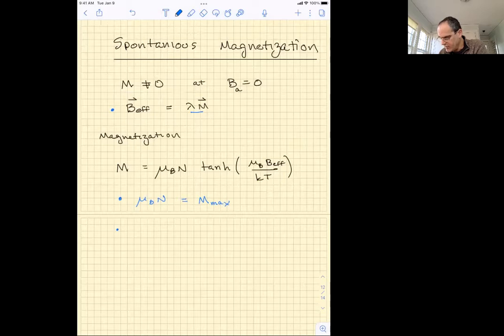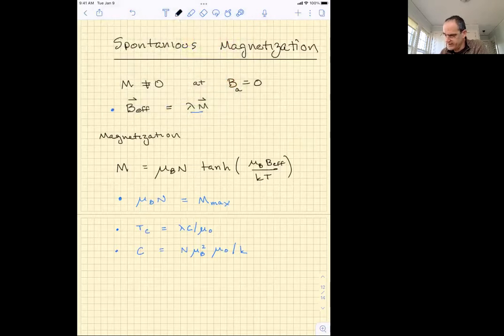And furthermore, we should remember from our previous discussion that the Curie temperature is defined in terms of lambda. It's lambda times the Curie constant divided by mu naught. And the last thing we'll need is the Curie constant itself, which we developed when we talked about paramagnetism, and it's N times the Bohr magneton squared times mu naught divided by k.